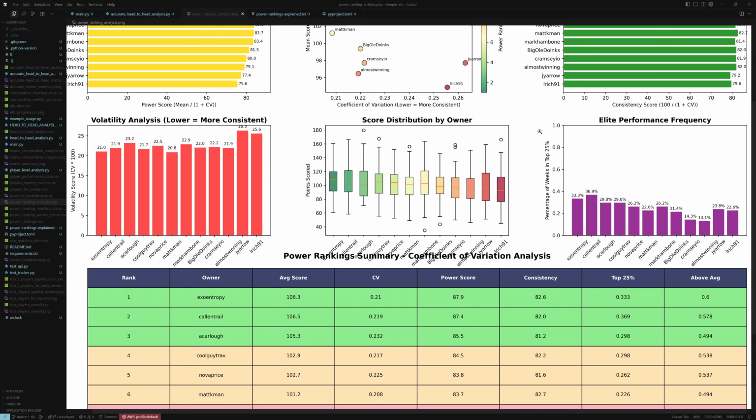So this is a way to look at the same numbers in a few different ways, whether you value just highest average, whether you value consistency, or whether you value the percentage of weeks that you're in the top 25%, or the top 3 teams, essentially.